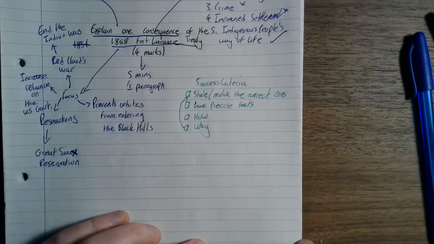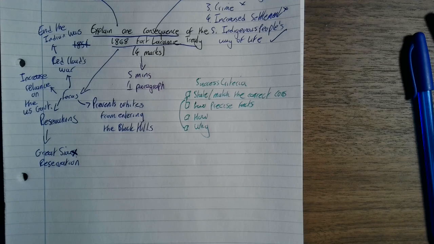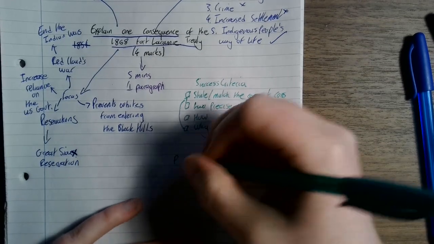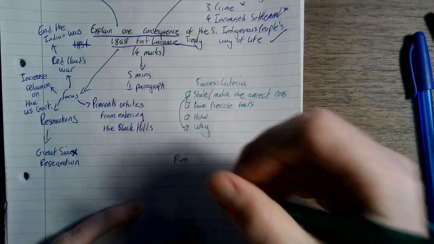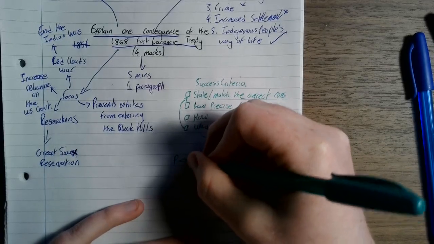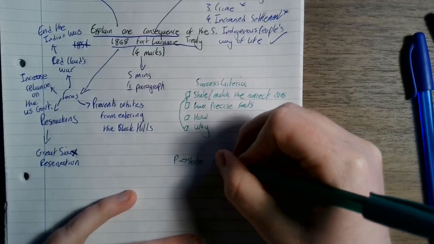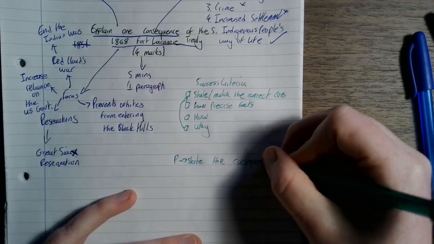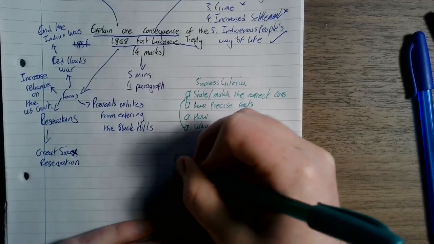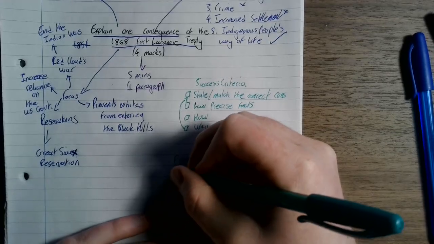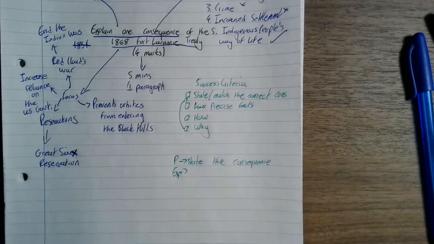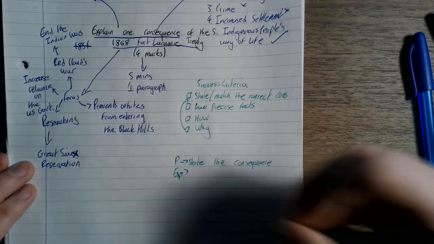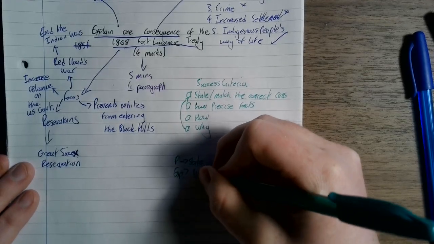So what that means is that instead of doing point, evidence, explain, this question your answer might look really weird, but what you're going to do instead is, your point is when you're stating the consequence. Your evidence, sorry, it's not even evidence, it's explanation is what I'm trying to show you. So you do point, then you say why.